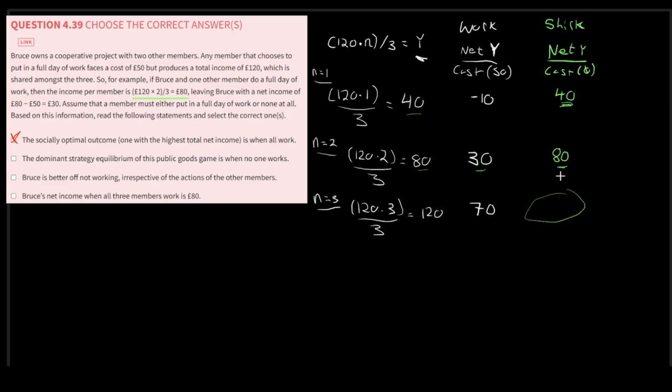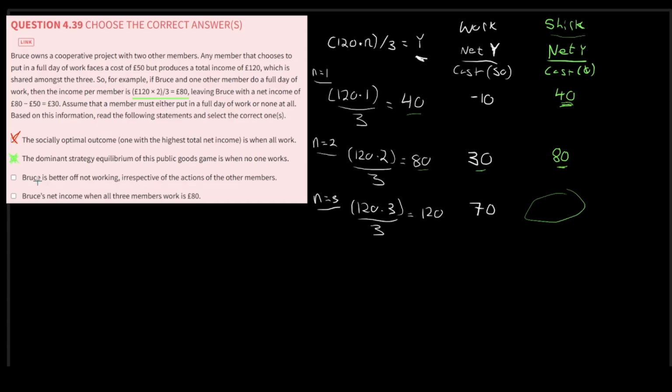So in this case here, we actually have a dominant strategy to shirk. That is a dominant strategy to free ride or to not work. The dominant strategy equilibrium of this public goods game is when no one works. This is the problem with public goods. You typically have the incentive to free ride. You have the incentive to hope everybody else does it, and you don't.